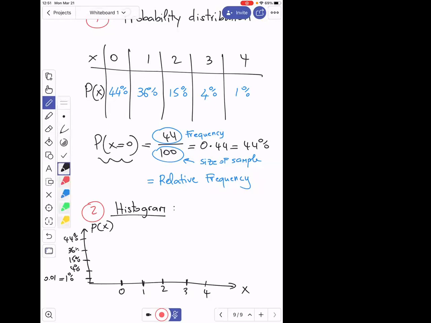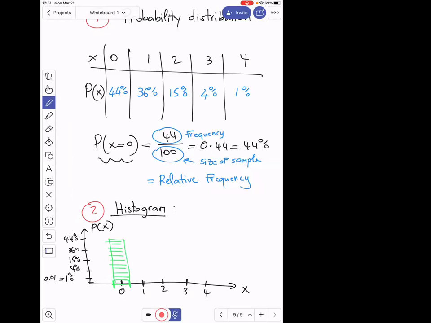Just to remind you how to draw this histogram: for the 0, you take the interval with the center equal to 0. The probability of X equal to 0 is 44%, so we need to go up to 44 here. This is 44%, right, etc.